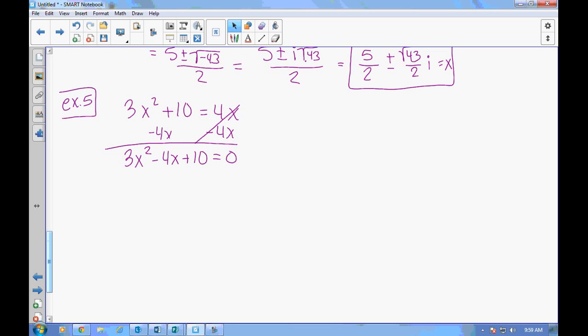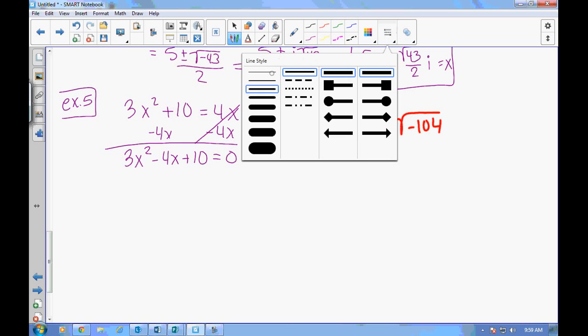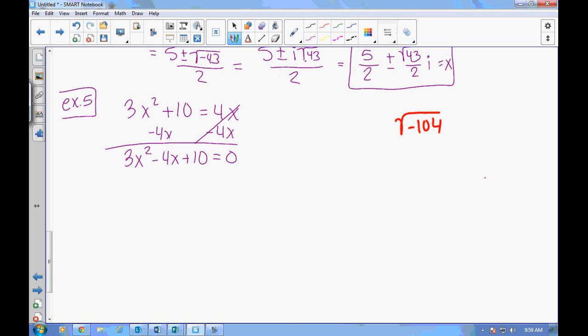Okay, let's just make sure everyone's comfortable breaking down the square root of negative 104. The negative, remember, is a negative 1. Negative 1 times positive 104.